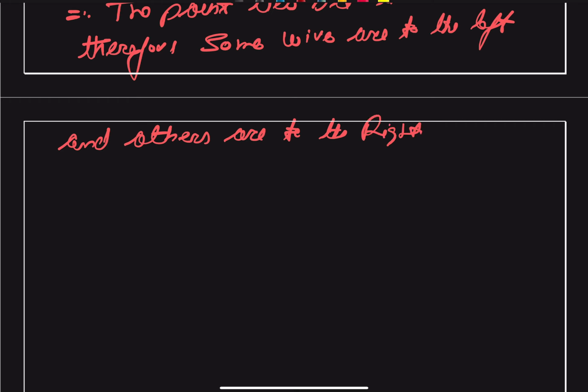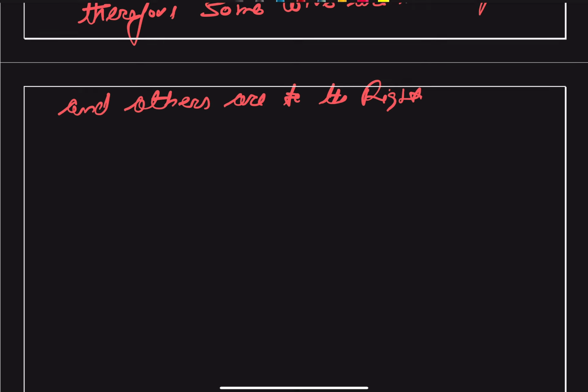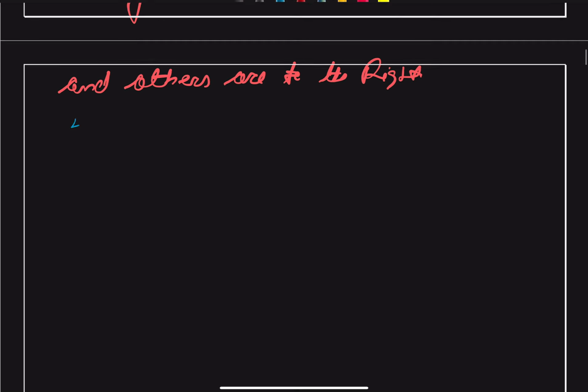That means some wire will have field along positive z axis while others are going to have it in minus z axis.